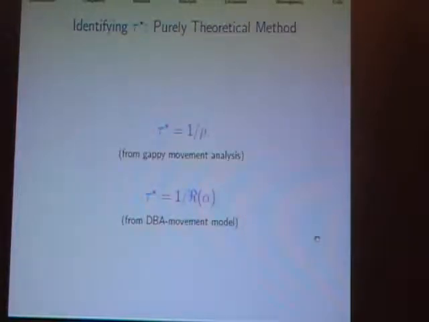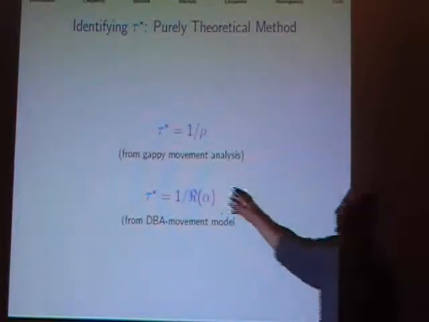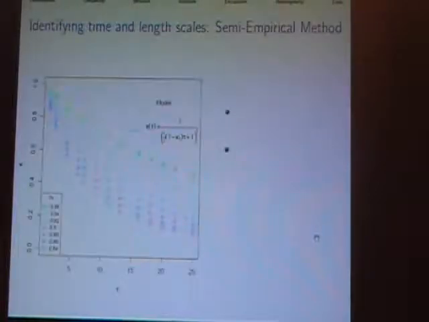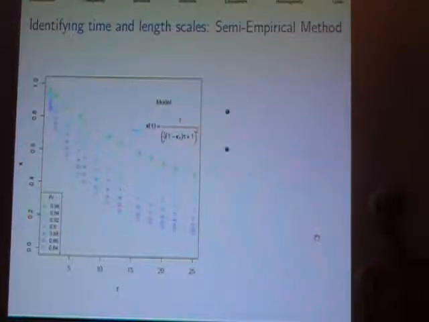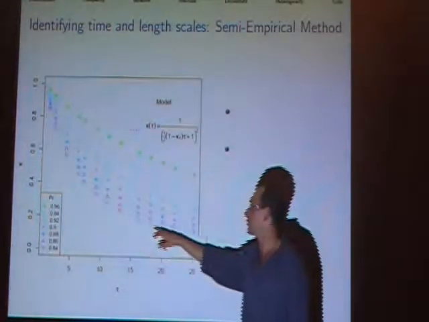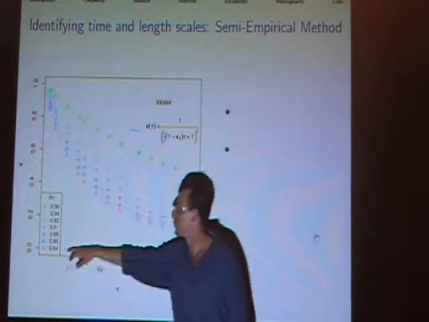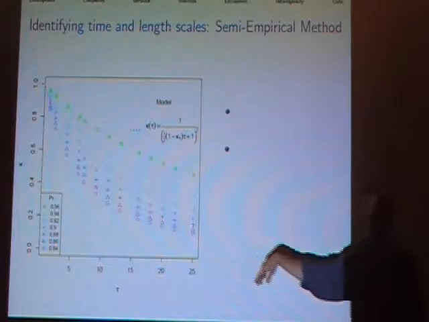There are some purely theoretical ways. That time scale is related to 1 over our autocorrelations from that first analysis. It's also related to 1 over the real part of alpha from the complex movement. And then there are what we might call semi-empirical ways. This is the same sort of plot, looking at the clustering coefficients for different values of initial clustering, ranging from 0.84 to 0.96, and we see how they drop off.